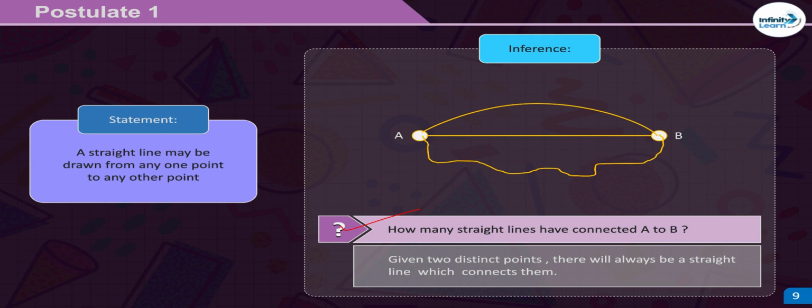Given two distinct points, there is always a straight line that connects them. Clear? Postulate number 1 is clear to all?